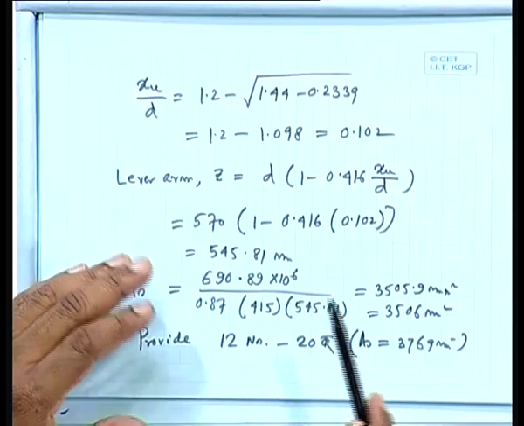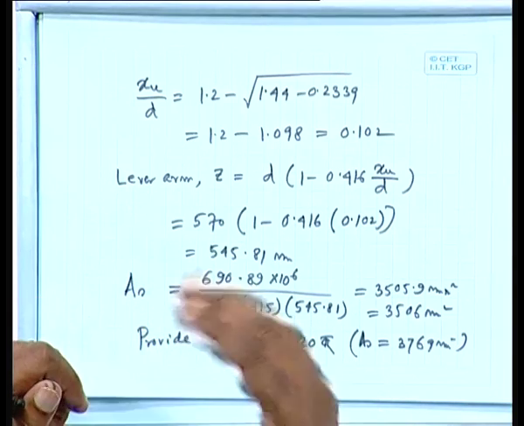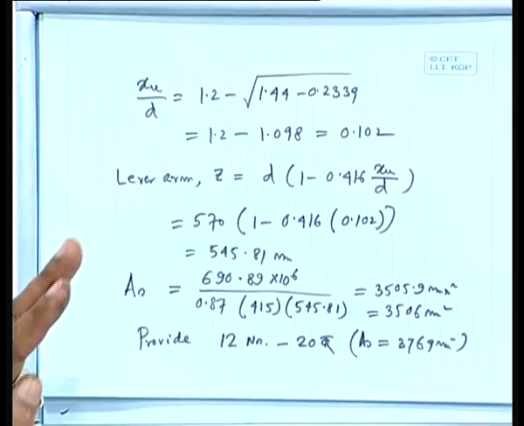Other alternative, instead of taking that whole 3 meter length, I can take 1 meter width only, and for that we are calculating the area of steel. In that case, it is customary to provide 20 torr at a certain spacing. That is why in the slab, whenever we have designed slab, we have taken 1 meter width, and that is why we are providing spacing.